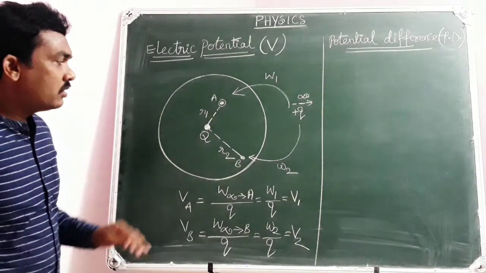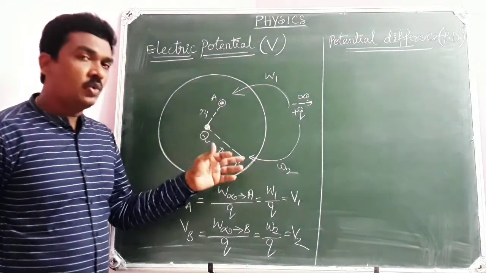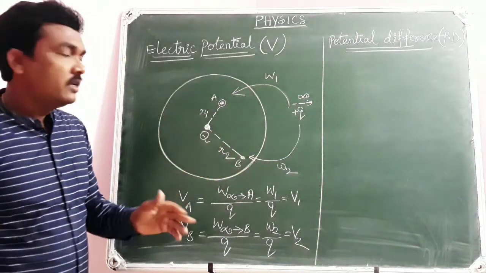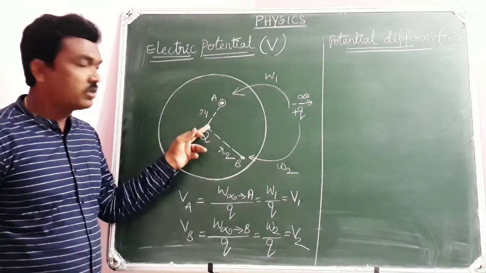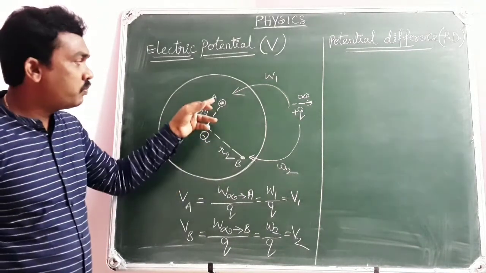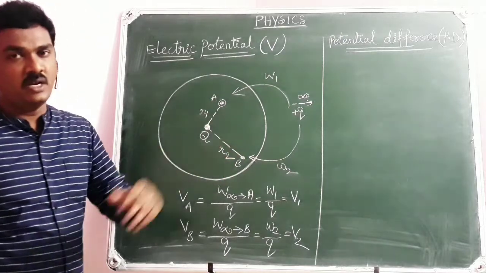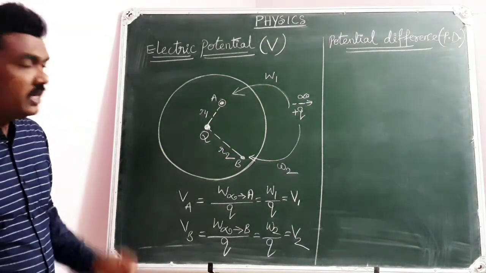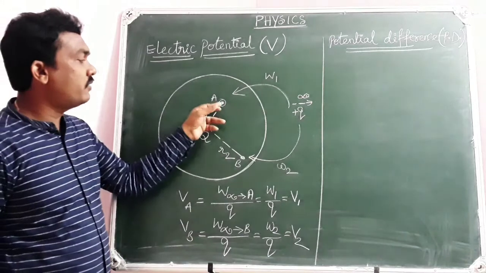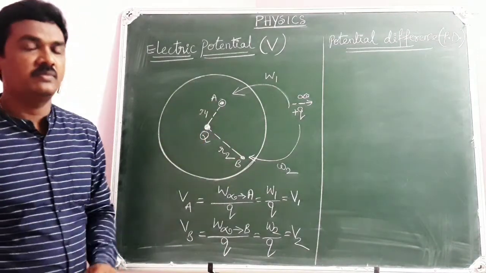So here, as A and B are two different points of the electric field at different distances from the source charge, there is some potential difference between A and B. It's a very interesting point how to define the potential difference between A and B.